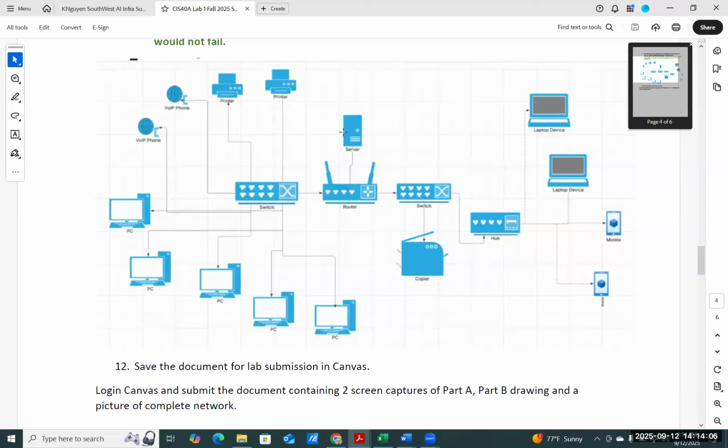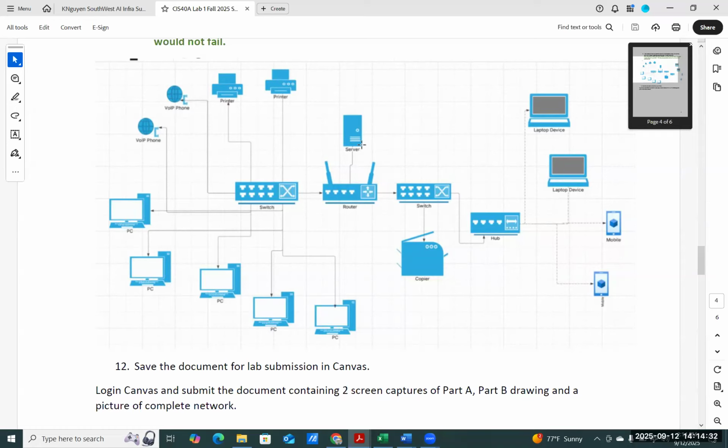Now the server placement, I see a lot of diagrams with the server placed here. I don't recommend that for a security reason, because if they can get to your router, they will get to your server, depending on the type of server you're using. If you're placing the server here, that would be for something like a proxy server, or that server is functioning like another router as a gateway.